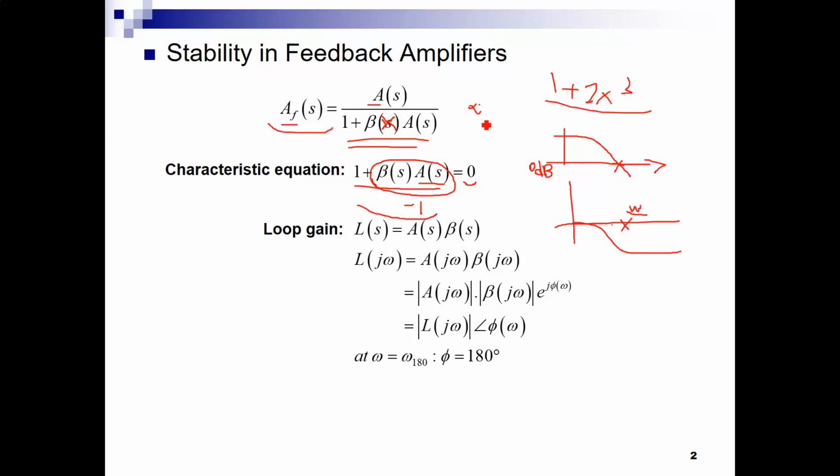Okay, and sometimes part of my signal will be distributed across different frequencies. We define the loop gain, which is A times beta. And the loop gain has a magnitude and a phase.